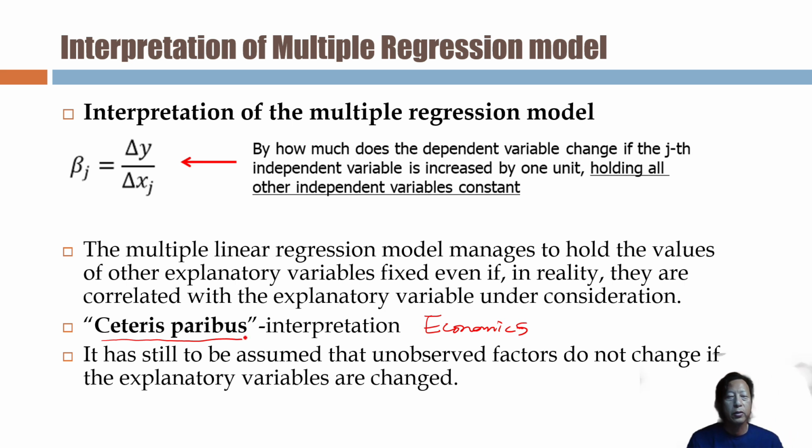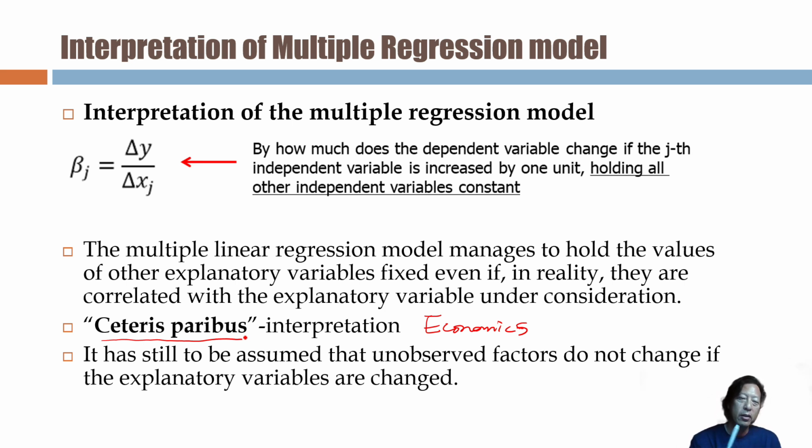Ceteris paribus means that we hold everything else fixed, and we change only one variable at a time. When we do this kind of analysis, we want to find the effect of a certain variable, so I don't want other things to change. We fix all other things and then change the one variable.